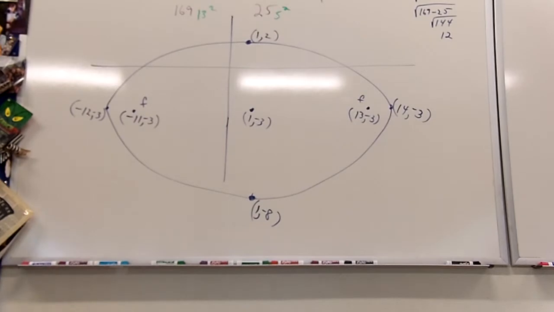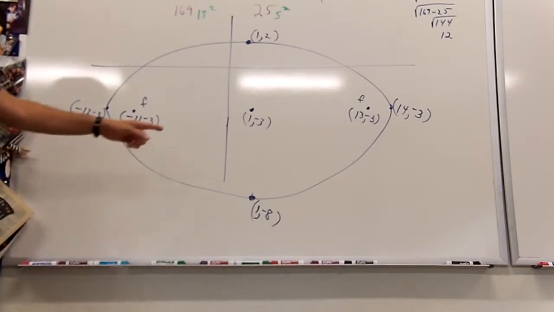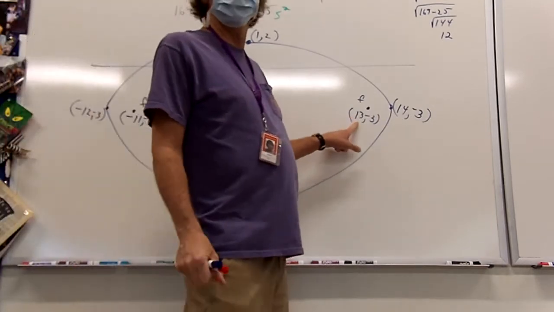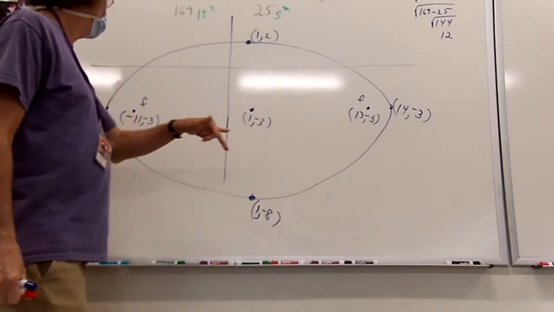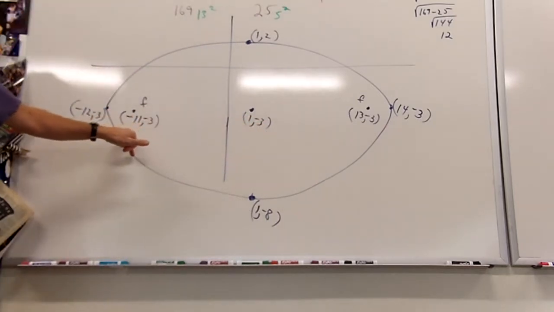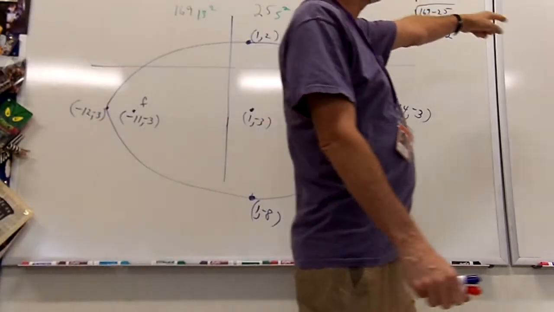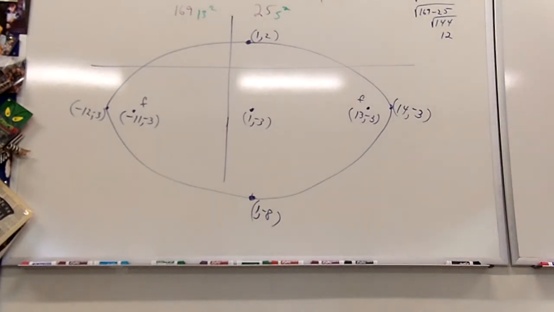Now, y'all realize when I count left and right, I change the x. 1 plus 12, 1 minus 12. You learned this formula, and that tells you how far to count.